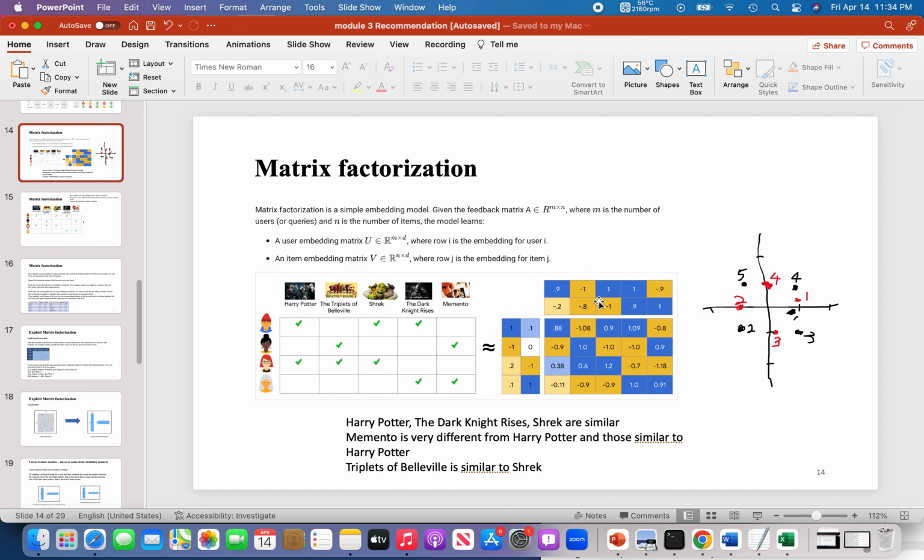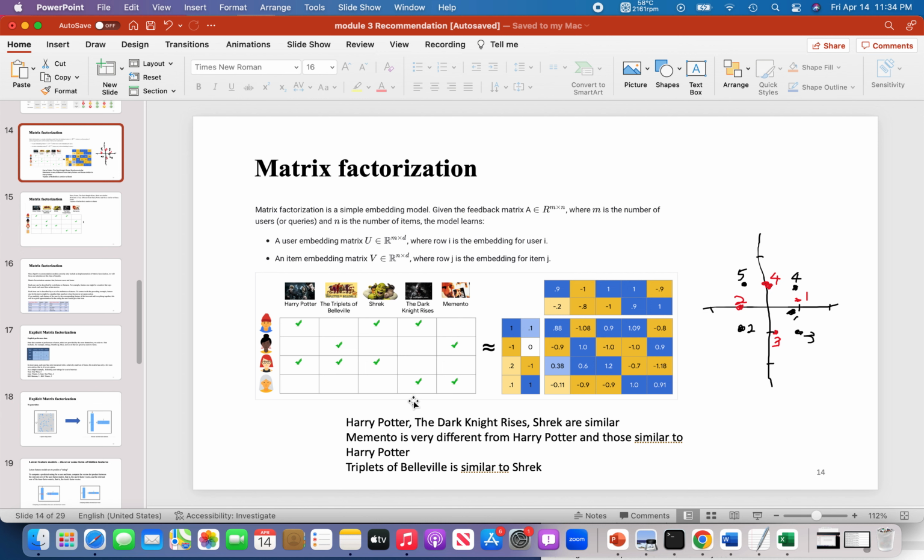To start with, a content provider, such as Google, for example YouTube, has a good idea about the nature of these movies. In this case, there are the movies Harry Potter, Triplets of Belleville, Shrek, The Dark Knight Rises, and Memento.